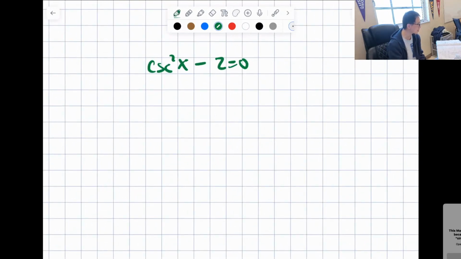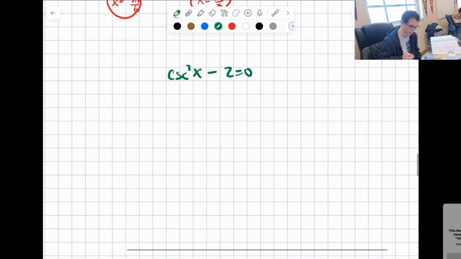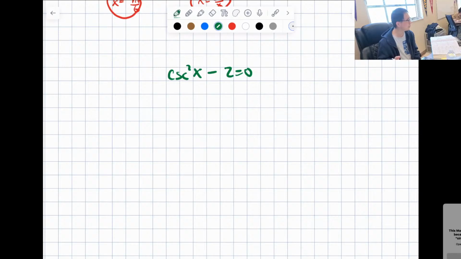This question is kind of interesting, right? Can I still move the 2 to the other side? Say I don't know how to factor this. This is actually factorable, believe it or not. How would I factor this?